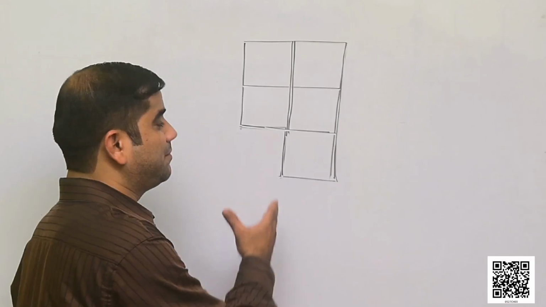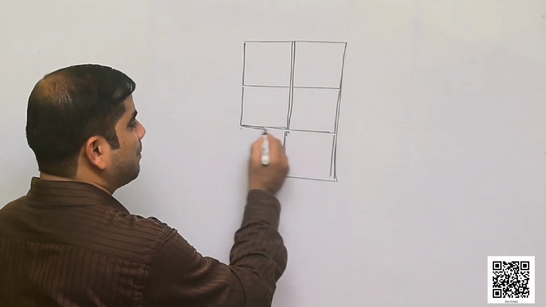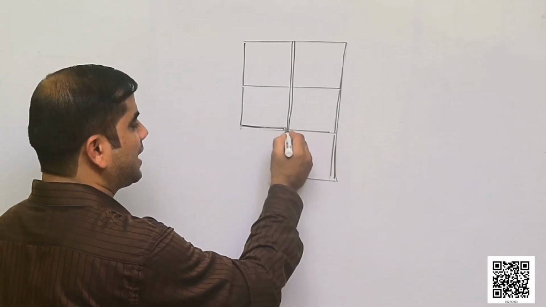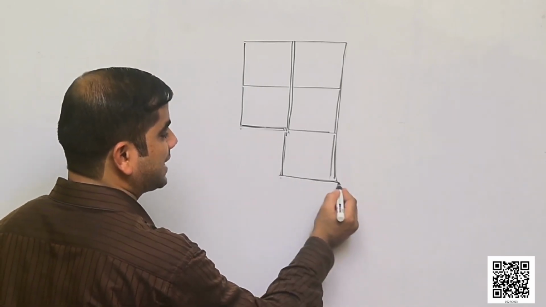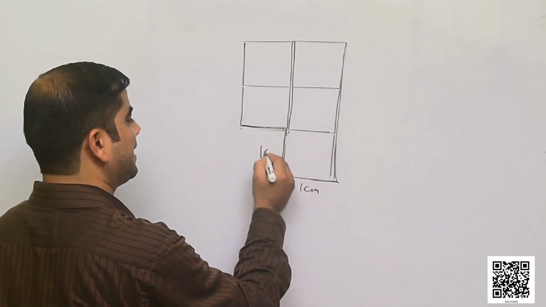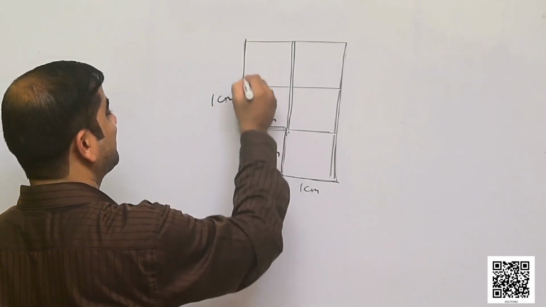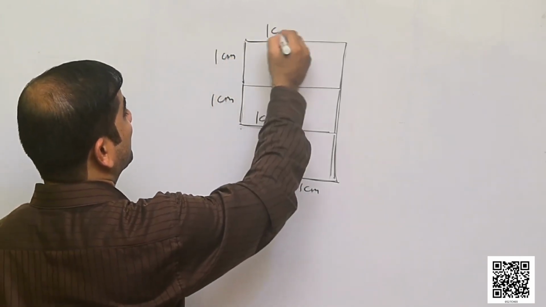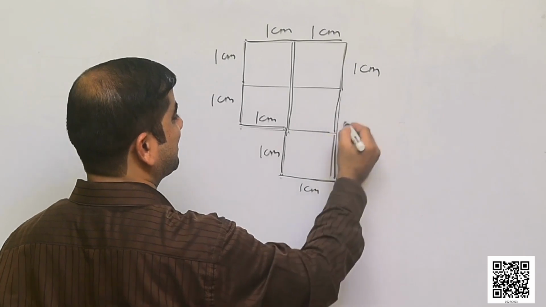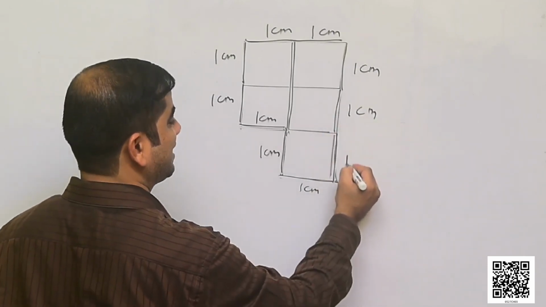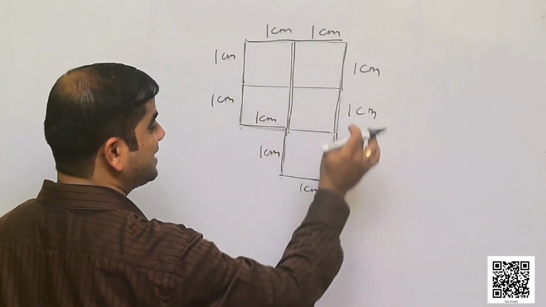Students, I have drawn a shape using the 5 given squares. We know that perimeter is nothing but the boundary. So, let us calculate the perimeter of this shape. Starting from here, 1 centimeter each, 1, 2, 3, 4, 5, 6, 7, 8, 9, 10 centimeter.